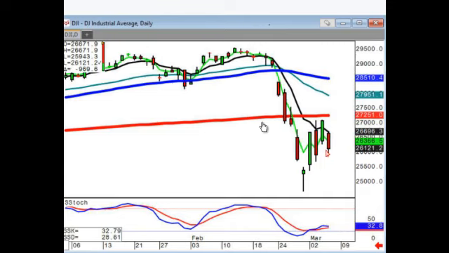Not that I thought they were going to do it, but that's what the market was telling us. And you can sit on the sidelines. You don't have to be in this market right now. You can always wait until you get confirmation of which way this market is planning on going.